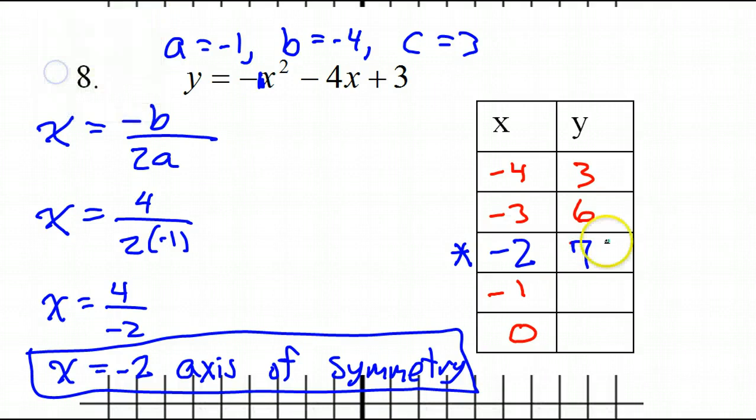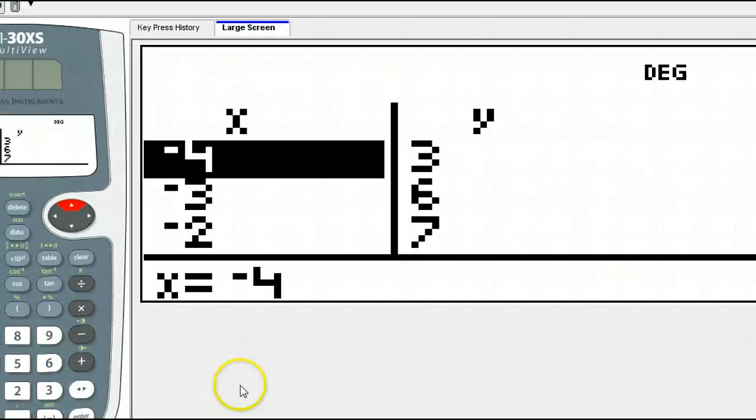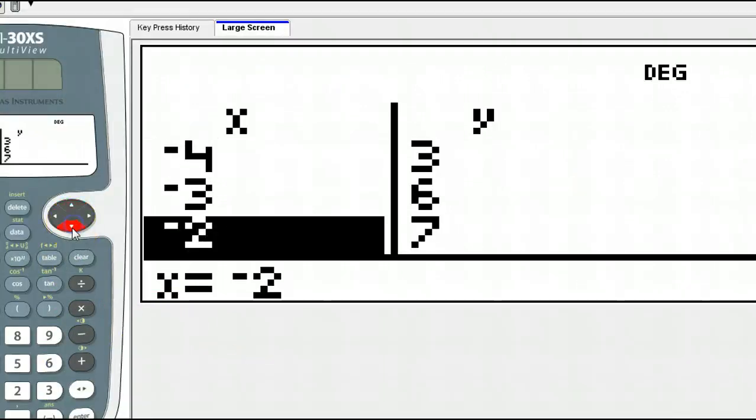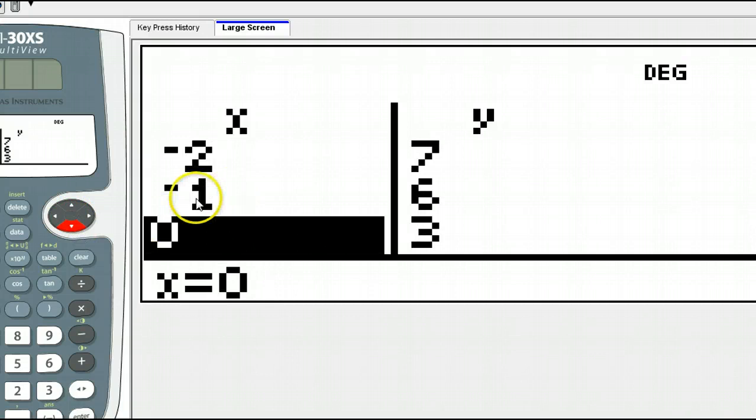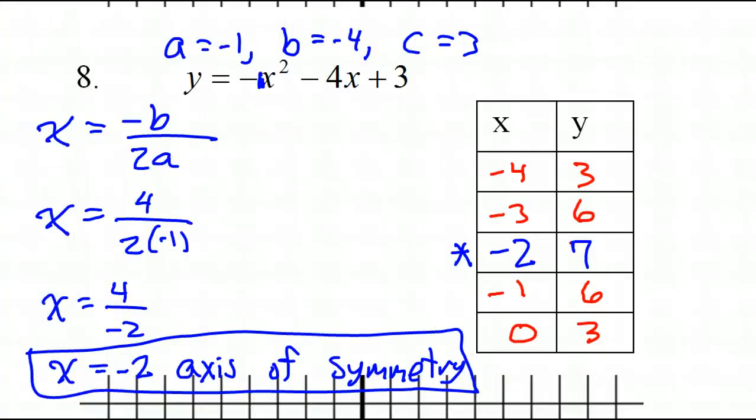And I'm betting if we did everything right, then this should be 6 because of that, and this should be 3 because of that. But let's check the calculator and find out. So let's look for -1, 6, and 0, 3. There's -1, 6, and 0, 3. That kind of tells us that we're doing the right thing.